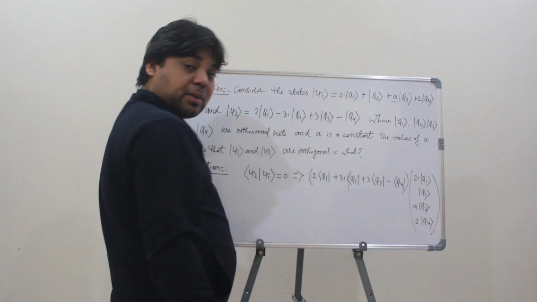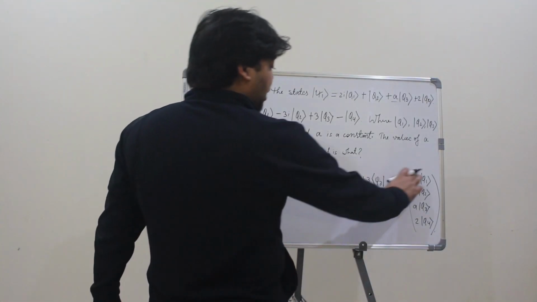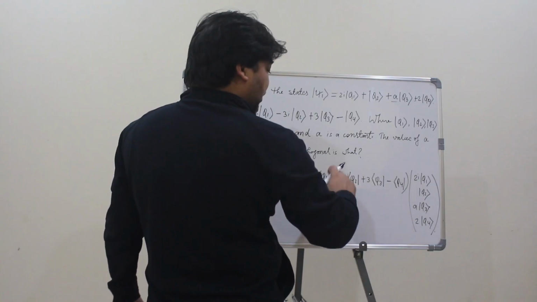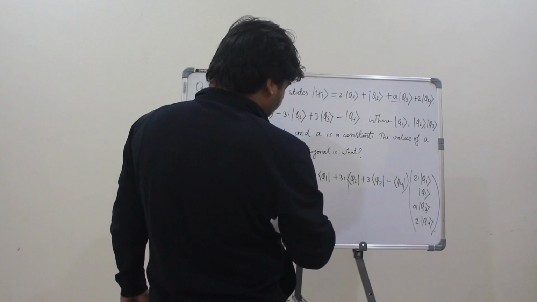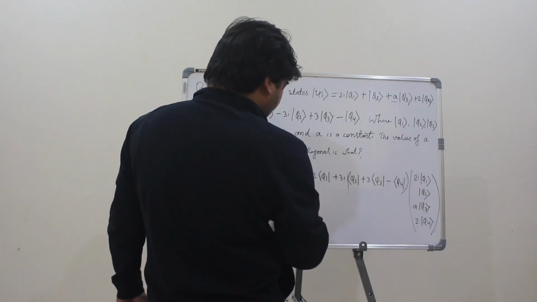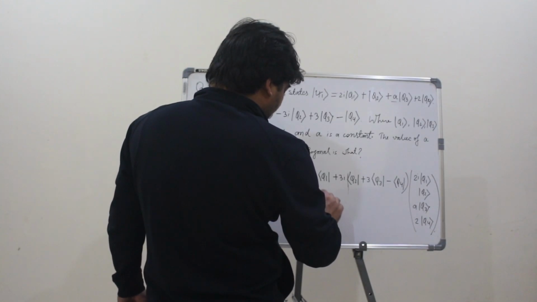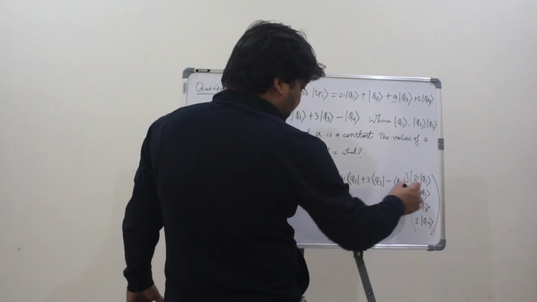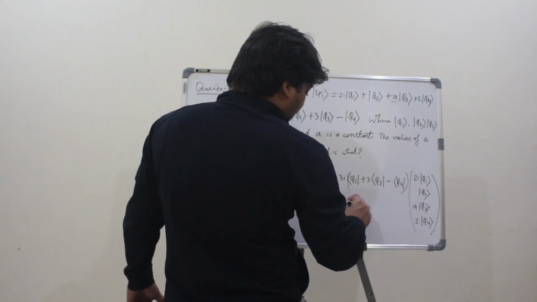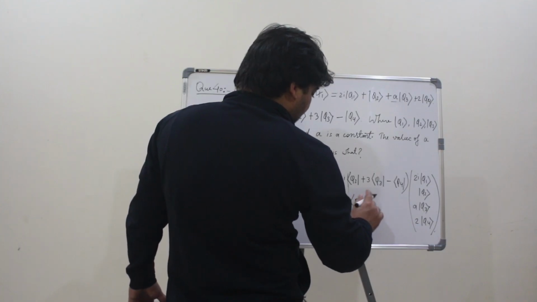As phi 1, phi 2, phi 3, phi 4 are orthonormal, no cross terms will appear, only the terms with phi 1 phi 1, phi 2 phi 2, phi 3 phi 3 and phi 4 phi 4 will appear. So you simply multiply 2 by 2i, giving you 4i, phi 1 phi 1 gives 1 since they are orthonormal, plus 3i into 1, phi 2 phi 2.